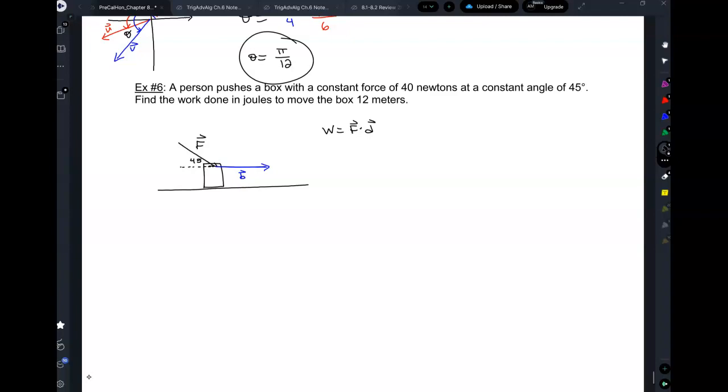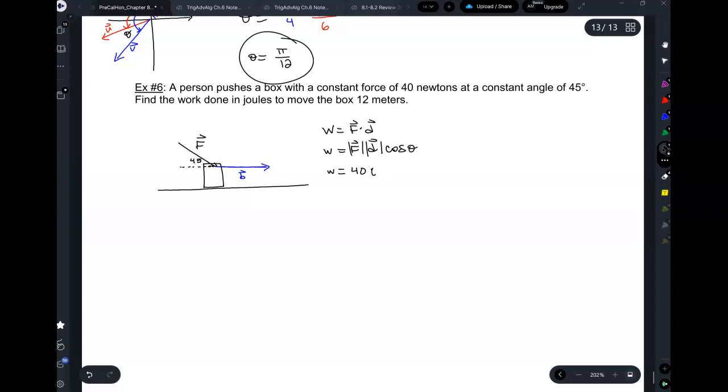That's a dot product, okay? So work will be the magnitude of F times the magnitude of D cosine theta. So when you've got magnitudes and an angle, that's how you can do that. So work will be 40 times 12.